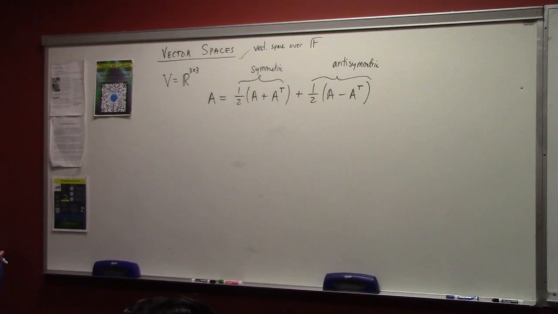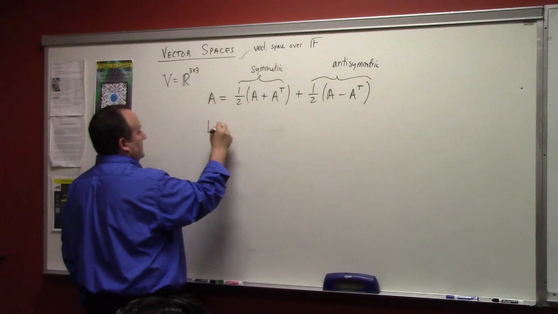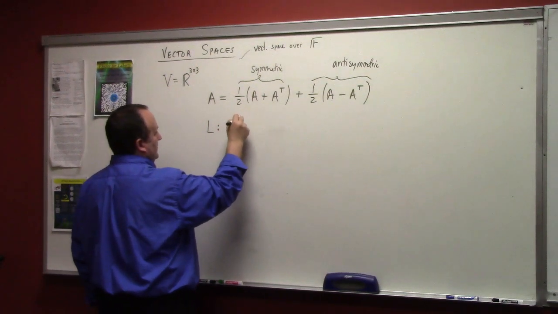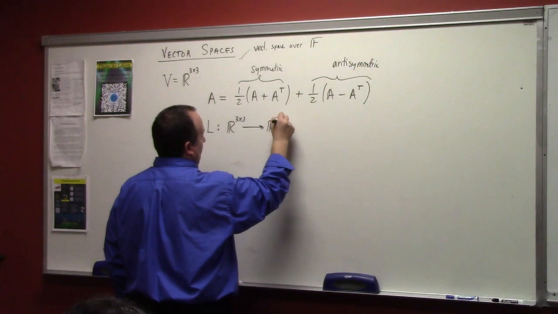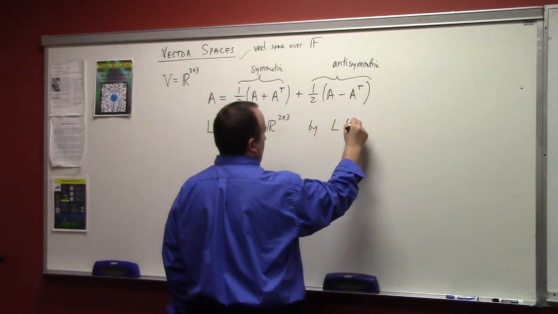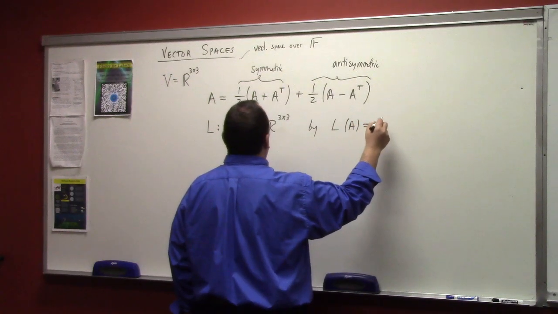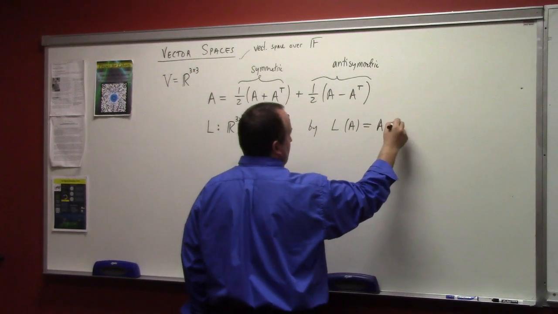Okay, fine. Let's define L going from R^(3 by 3) to R^(3 by 3) by L of A equal to, I don't know, A minus A transpose.